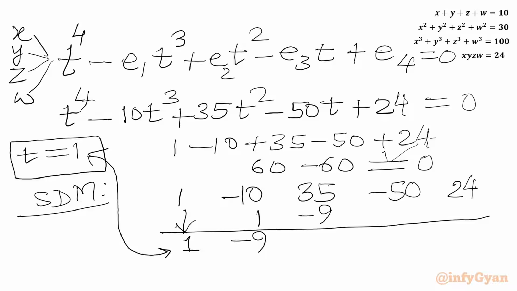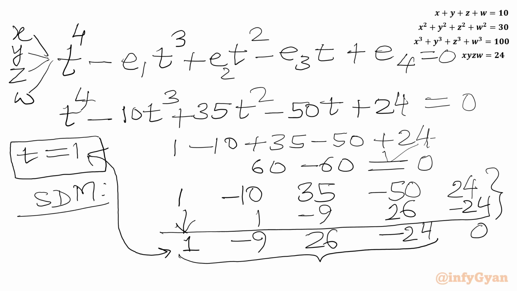If we add 35 with minus 9, we write 26. 1 times 26 is 26. The addition will give us minus 24. 1 times minus 24, minus 24. We add these two and get 0. So these are the coefficients for the cubic equation.